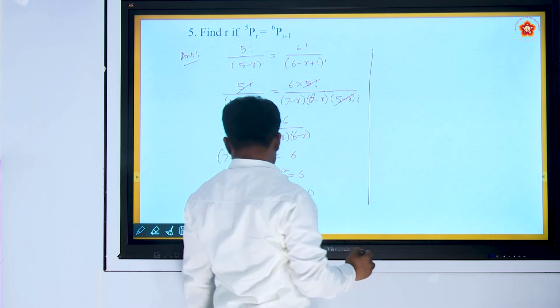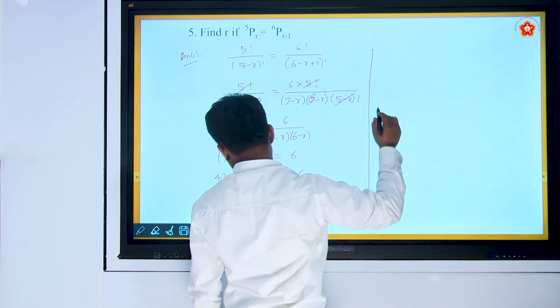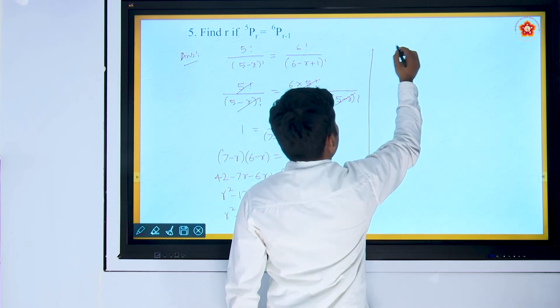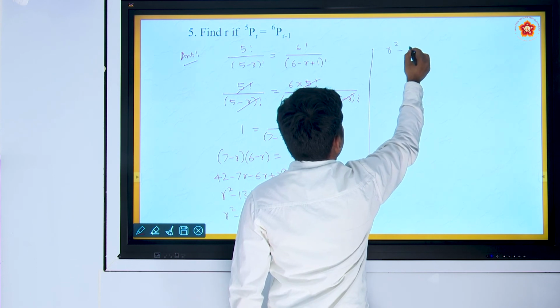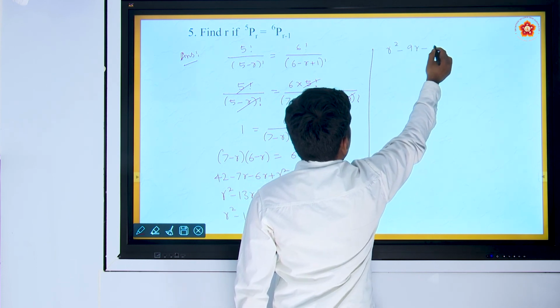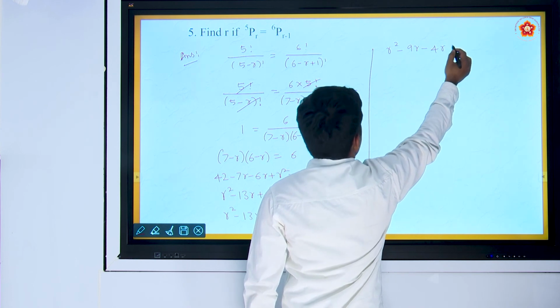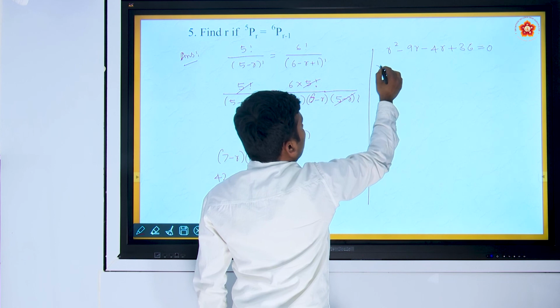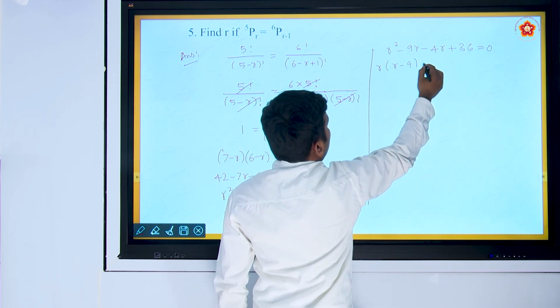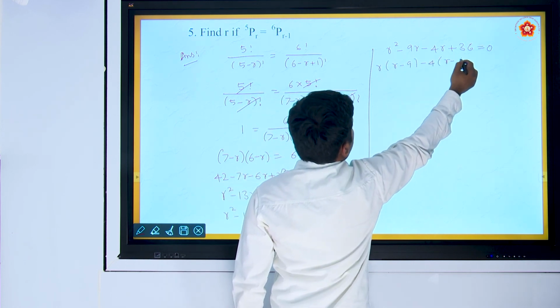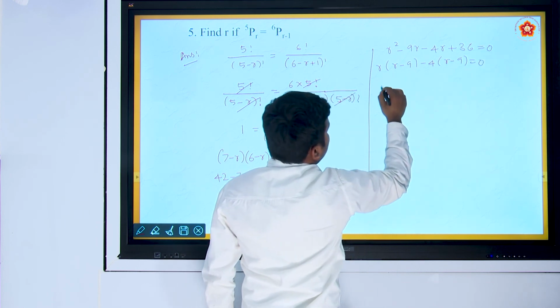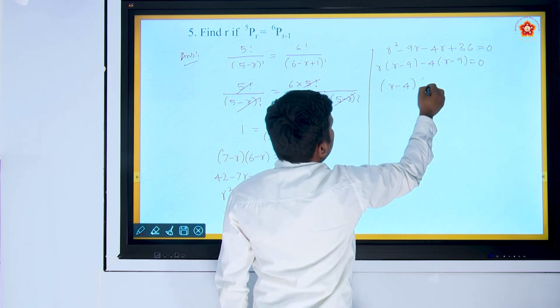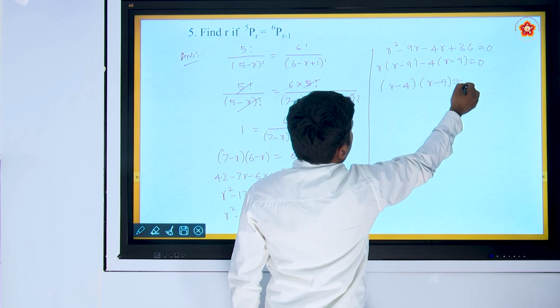Factorize that. So what are the factors? 4 and 9? Yeah. So r square minus 9r minus 4r plus 36 is equal to 0. So r into r minus 9 minus 4 into r minus 9 is equal to 0. Hence the factors are r minus 4 and r minus 9 is equal to 0.